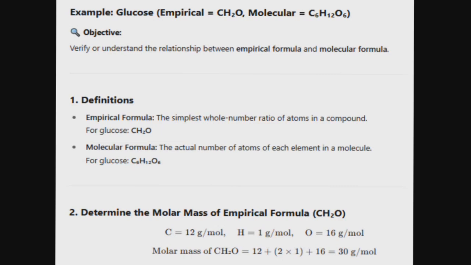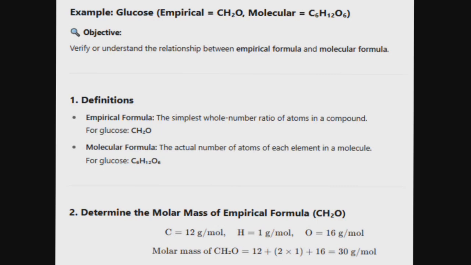Okay, for the empirical mass, the empirical formula given here is for glucose, CH2O. So we need to find the empirical mass of this CH2O, which is simply adding the molar mass of the atoms in this compound called glucose. The molar mass of carbon is 12 grams per mole.